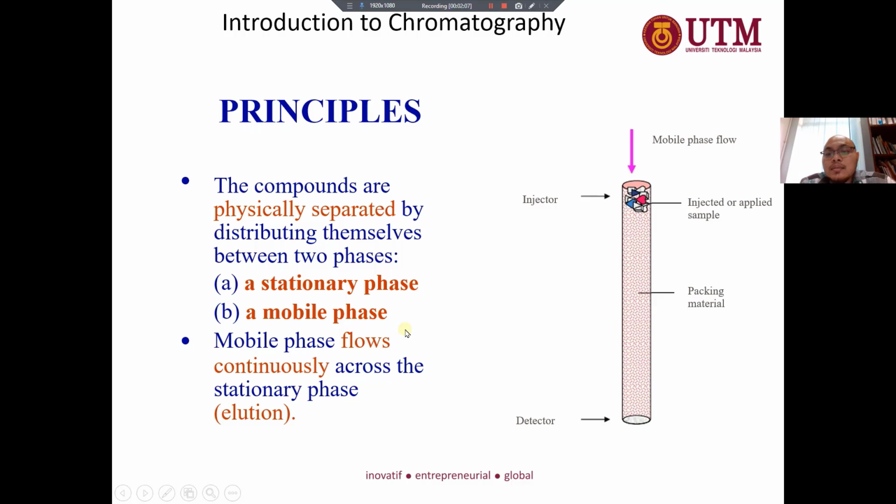Okay, this is how we can understand the principle of chromatography. The compounds are separated by distributing themselves between two phases, mobile phase and stationary phase. These two components are very important to separate the mixture.